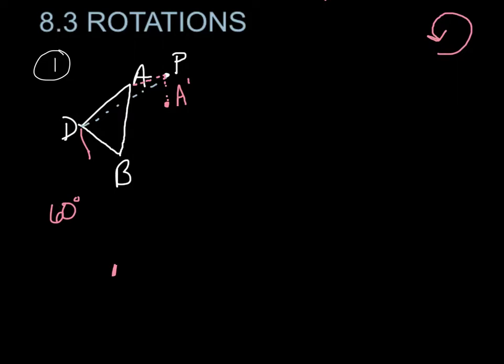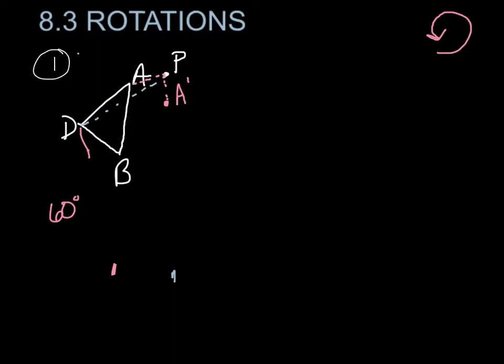And 60 degrees is going to be about right here. And it's going to be about 1.5 inches. And 1.5 inches is about right here. And that's going to be D prime.